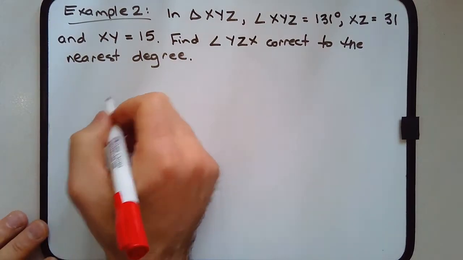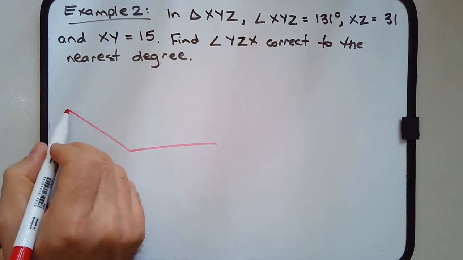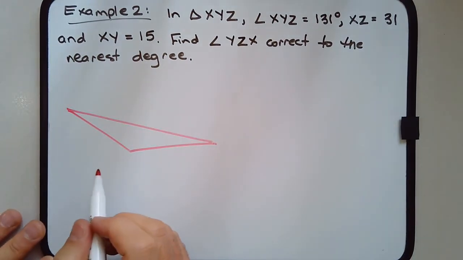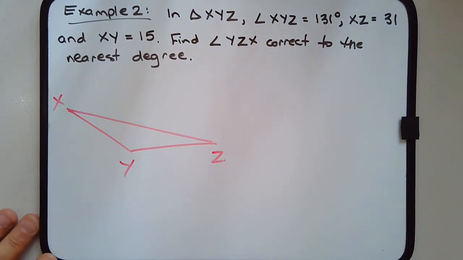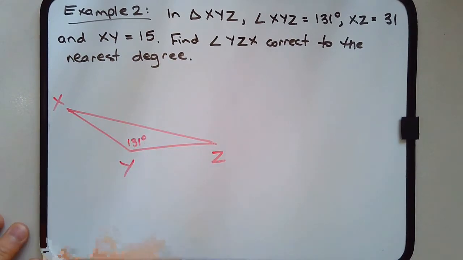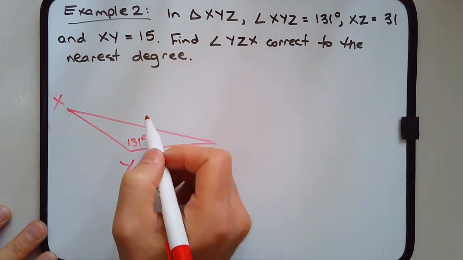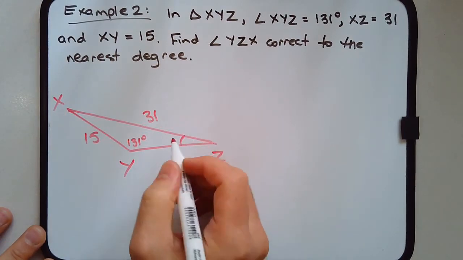So I'll just draw X, Y, Z. We're told XYZ is 131 degrees. XZ is 31. XY is 15 units, centimeters, meters, doesn't really matter. And we want to find angle YZX. So we want this angle here, let's call it alpha.